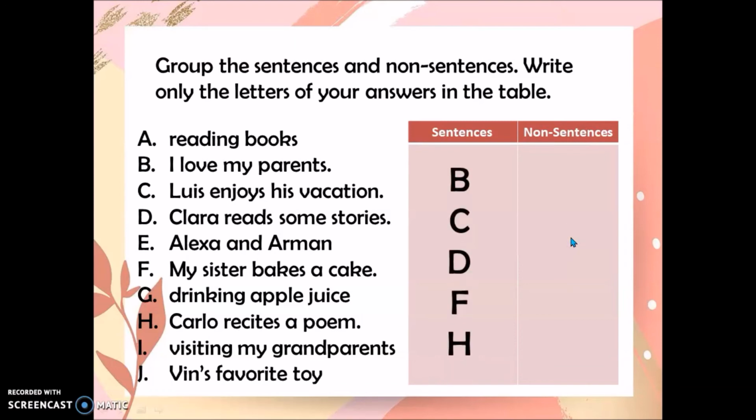Very good. We have sentences from letter B, C, D, F, and H. So look at letter B, letter C, letter D, letter F, and letter H. What about the phrases?